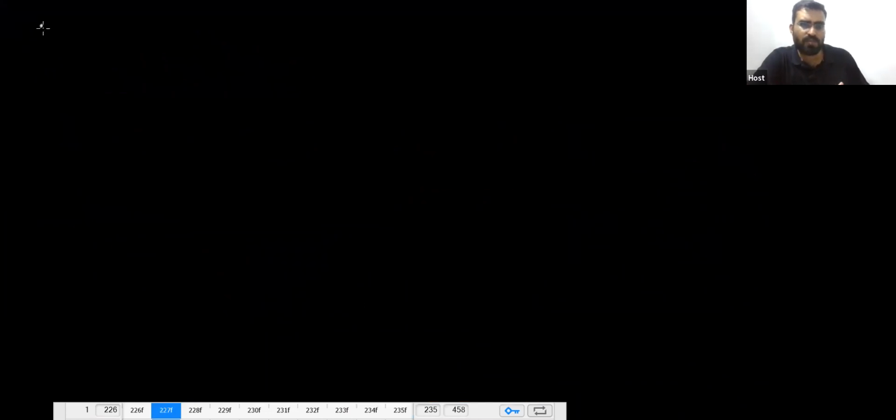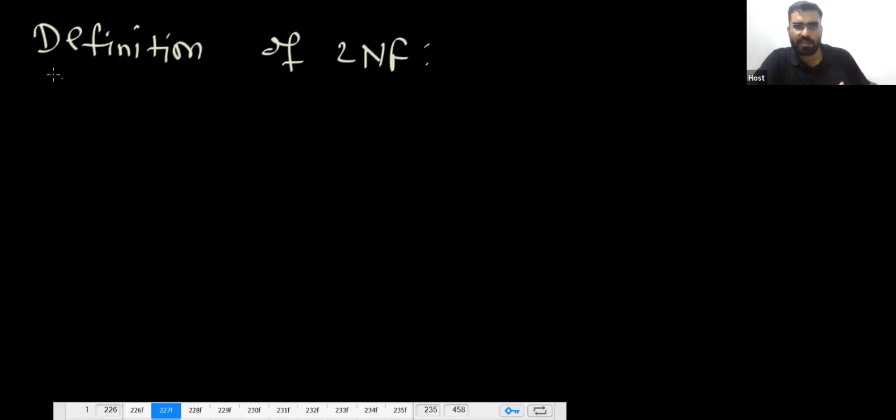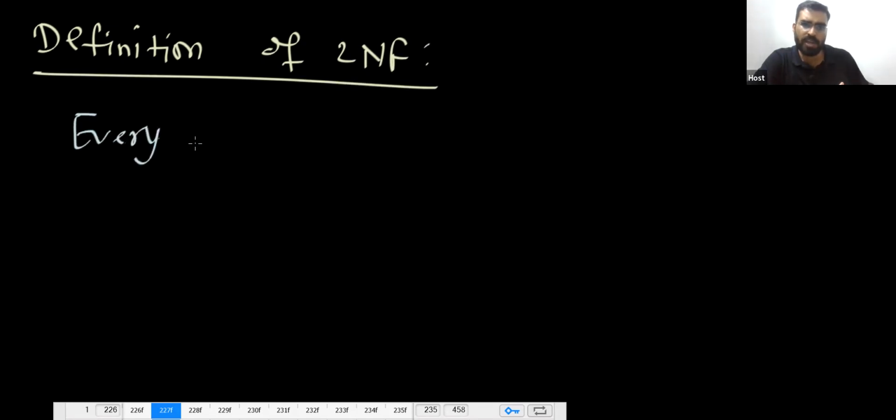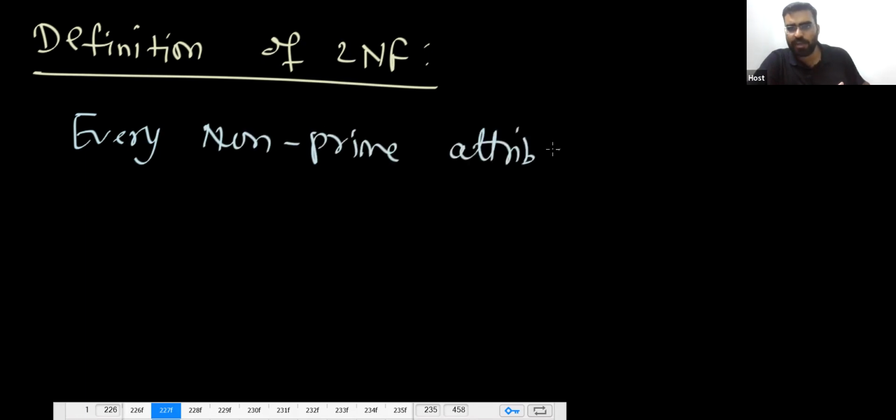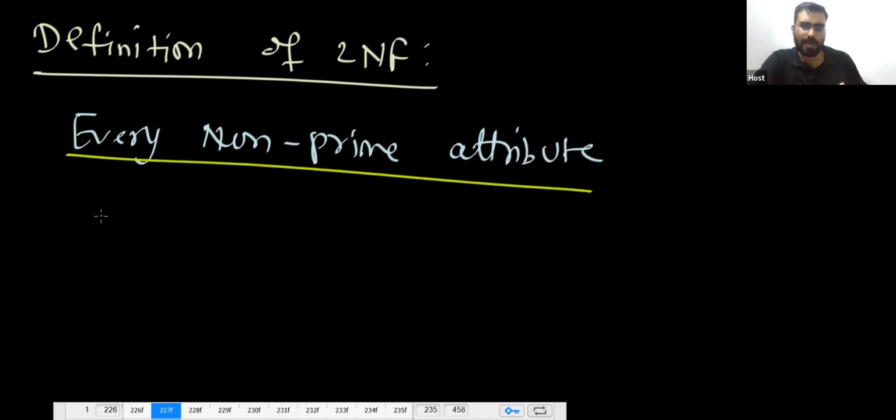See, this is the definition of 2NF. What is the definition of 2NF? The definition of 2NF says that every non-prime attribute is fully dependent on every key. Every non-prime attribute fully dependent on every key.